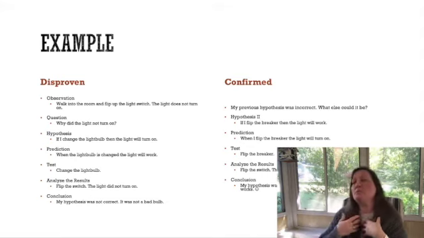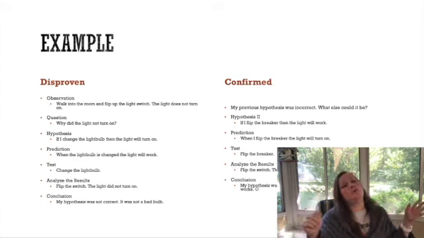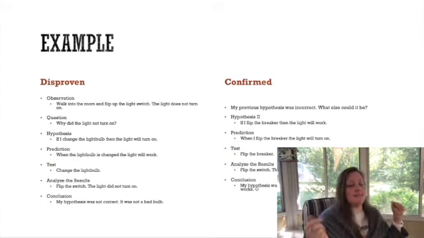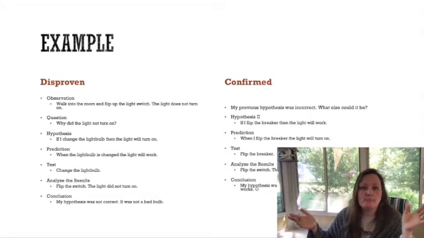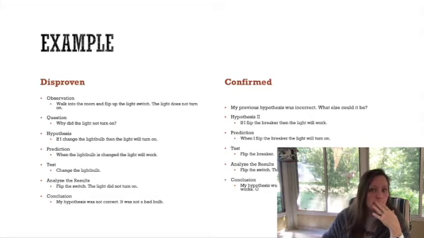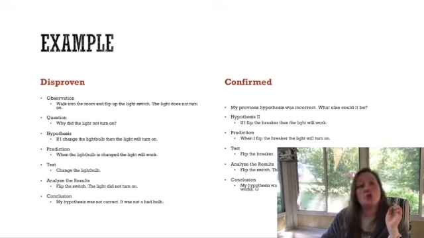Now, completely unrelated would be something like this. I walk into the room and my mom is on the couch and she looks mad. Observation, she looks mad. Question, did I forget to take out her trash?